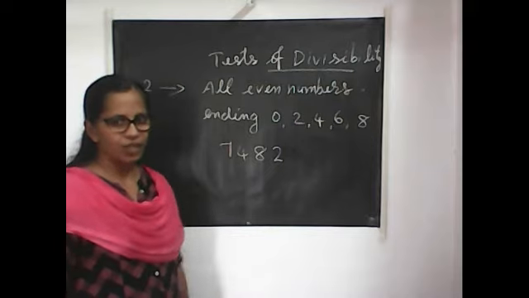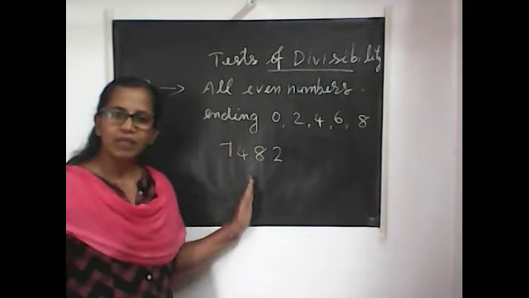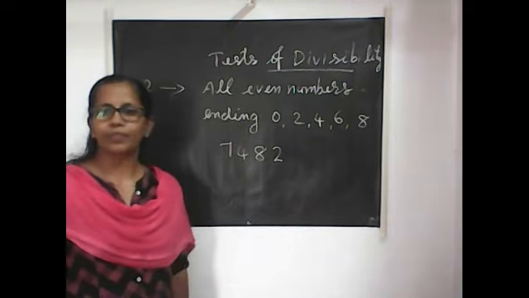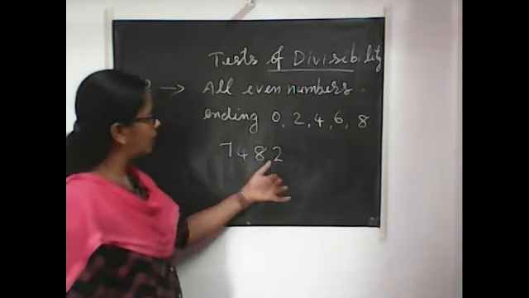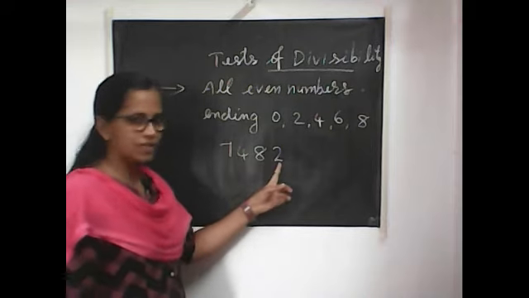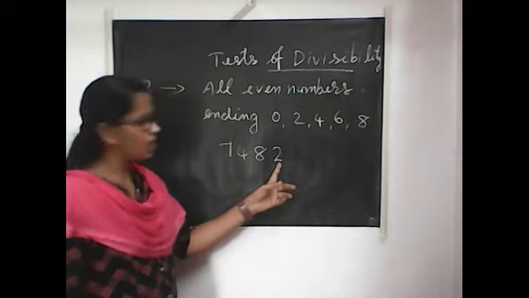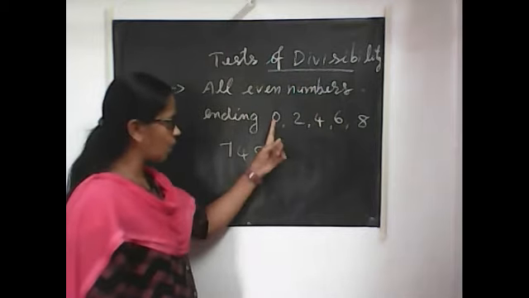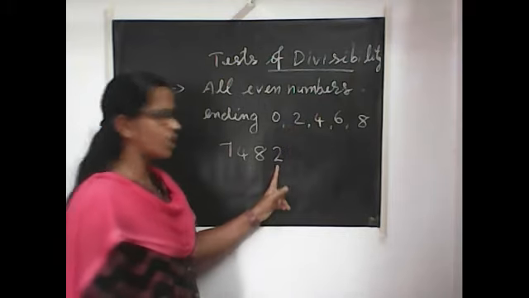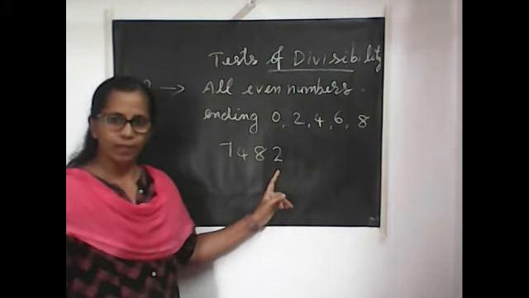If it is an even number, then it is divisible by 2. To prove that it is an even number, look at the ones place digit. If any of the digits 0, 2, 4, 6, 8 comes at the ones place, then it is an even number.